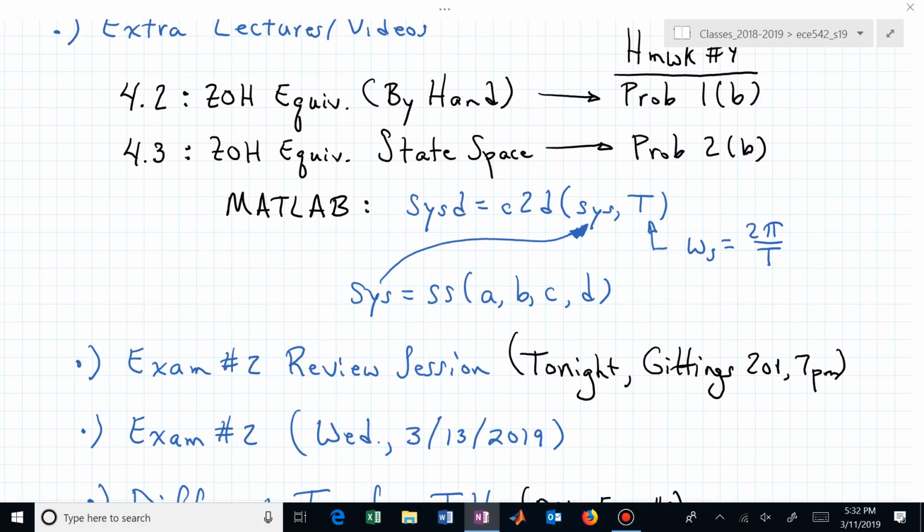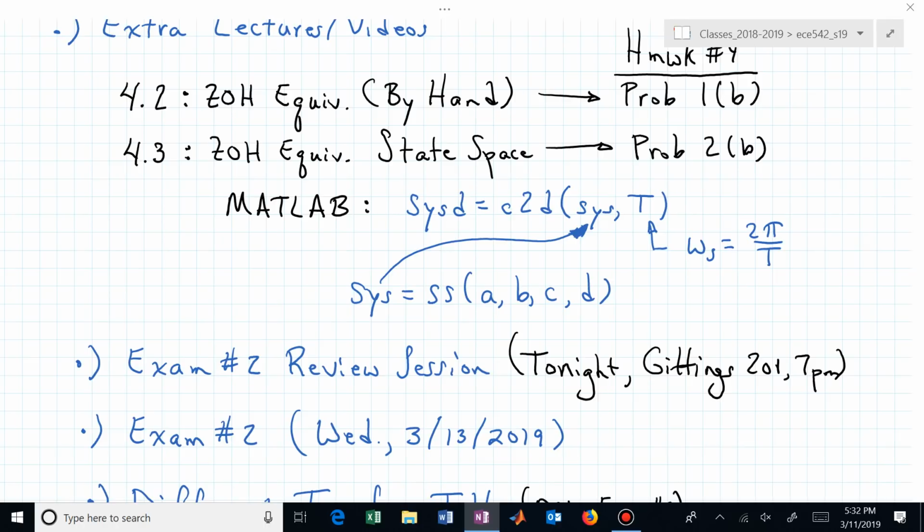In one of the homework problems, I believe it says obtain the answer in the back of the book using MATLAB in the zero order hold equivalent, and you can use directly this continuous to discrete function in MATLAB as long as your continuous time system is in state space form.